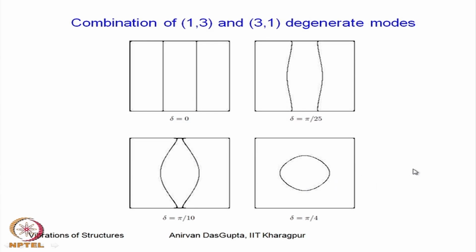So, you will not see a steady nodal line picture on the membrane. The nodal lines will be kind of unsteady. So, this is something very interesting that you can observe in an experiment.